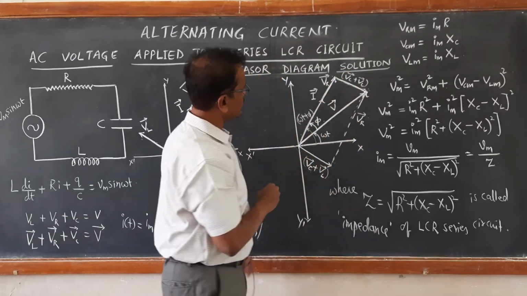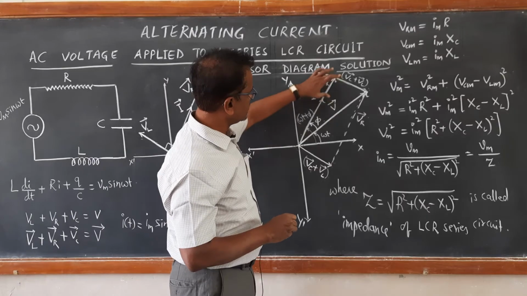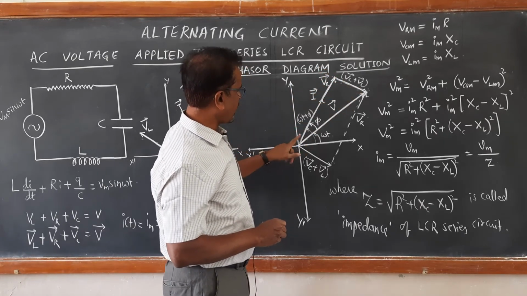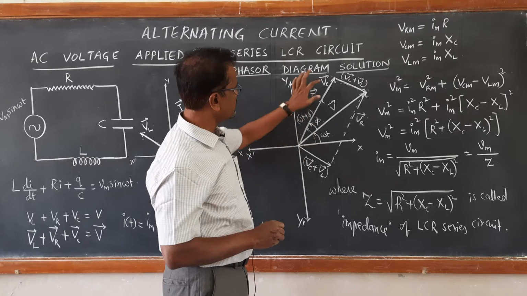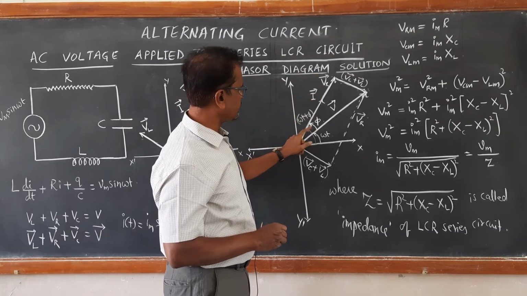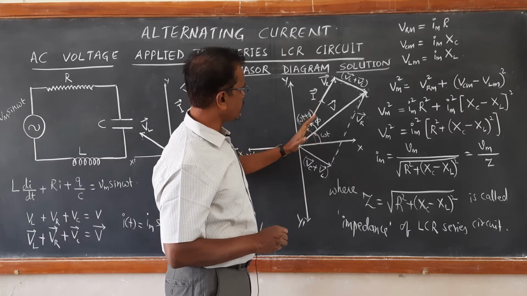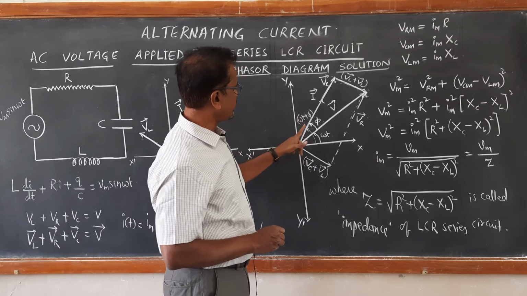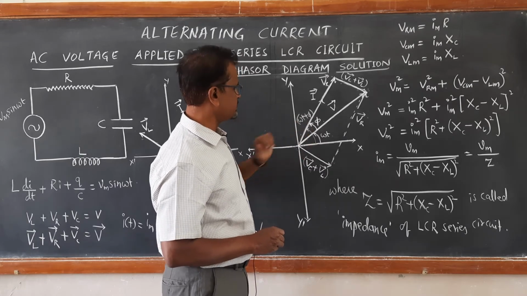In this right angle triangle, you can see the opposite side is the Vc plus Vl vector and the adjacent side is the Vr vector, and the angle between the hypotenuse and the Vr vector is phi, that is the phase angle.